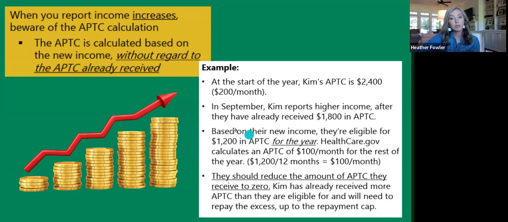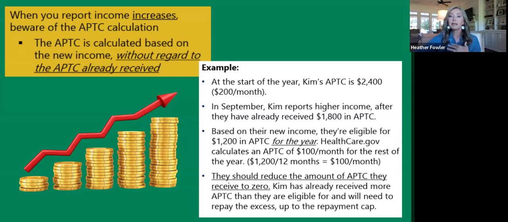And what it's showing you is that she's going to be eligible for $1,200, but that's for the whole year. Okay. And remember, this is already September. So everybody, I know this is kind of confusing, but if you think about that, she should only get $100 a month based on that new income.